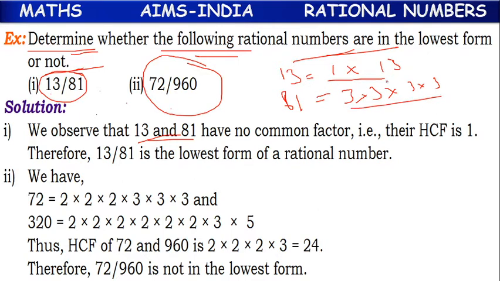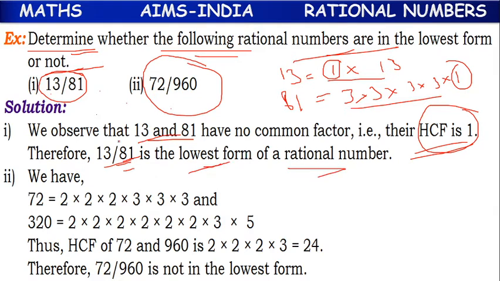No. Only 1 is the common factor. There is no other factor other than 1. So for 13 and 81, the HCF is 1. So the given rational number, in the given form alone, is in lowest form. No need to do anything. The answer also you can keep as 13 by 81 if anybody asks to write its lowest form.